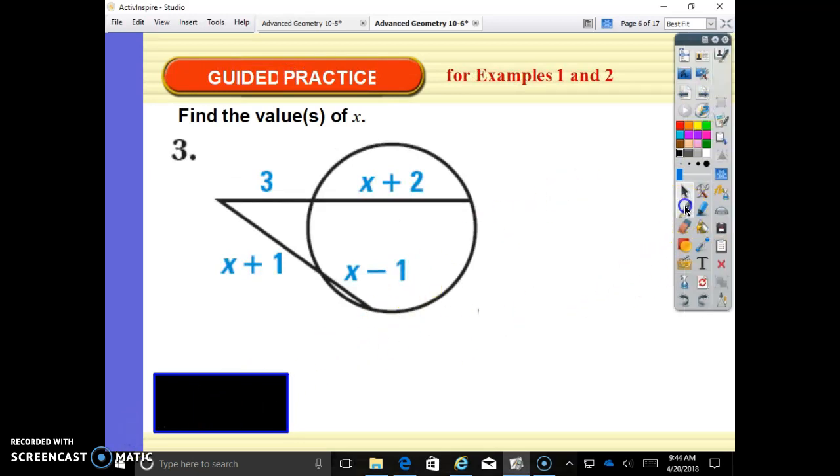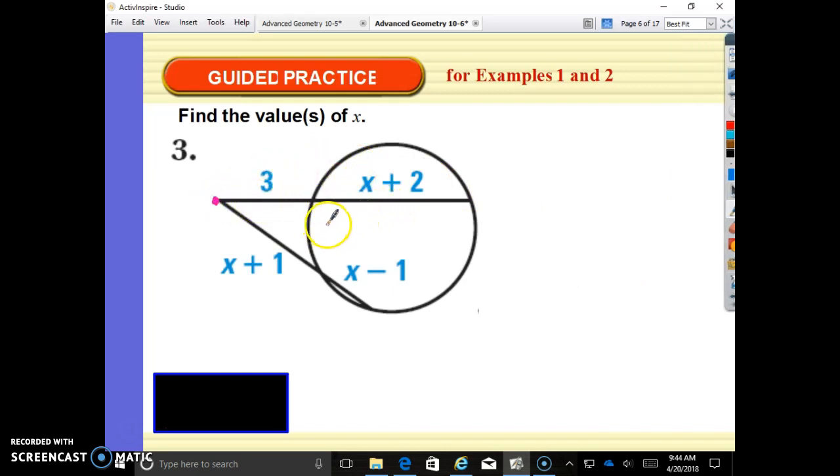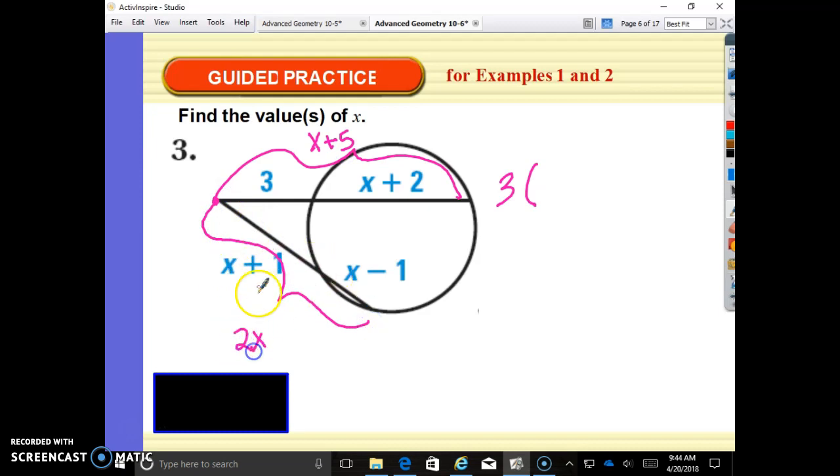So, once again, since this one, the angle is on the outside, it's outside times whole equals outside times whole. 3 times the whole. The whole is x plus 5. And then the whole on this one, x plus x is 2x. 1 plus negative 1 is 0, so it's just 2x.